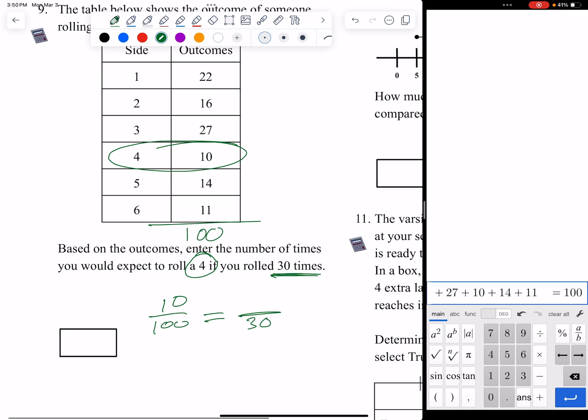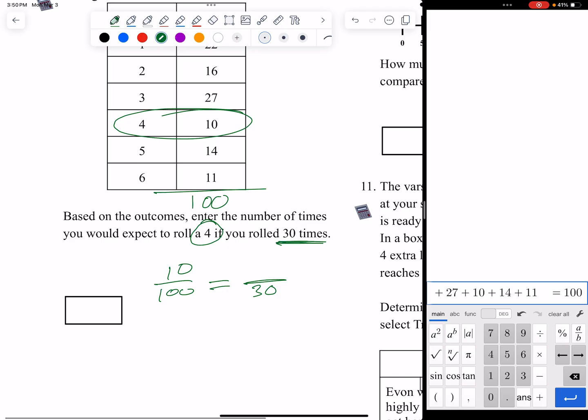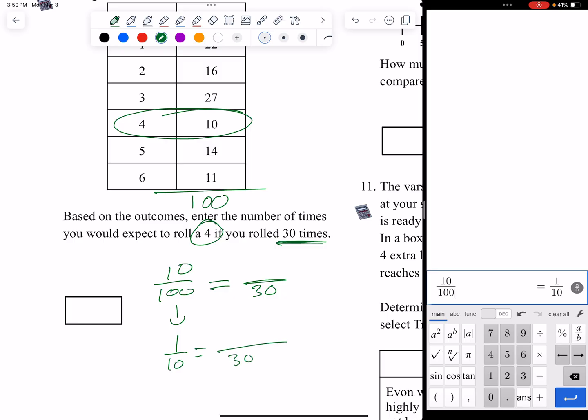Well, if I think about it, 10 out of 100, if I put it on my calculator, is 0.1. Or, as a fraction, is 1 over 10. Now this makes it a lot easier because if it's 1 out of 10, how do I get to 30? Well, I multiply times 3. So what do I do with the 1? I multiply times 3. So then my answer should be 3 times.